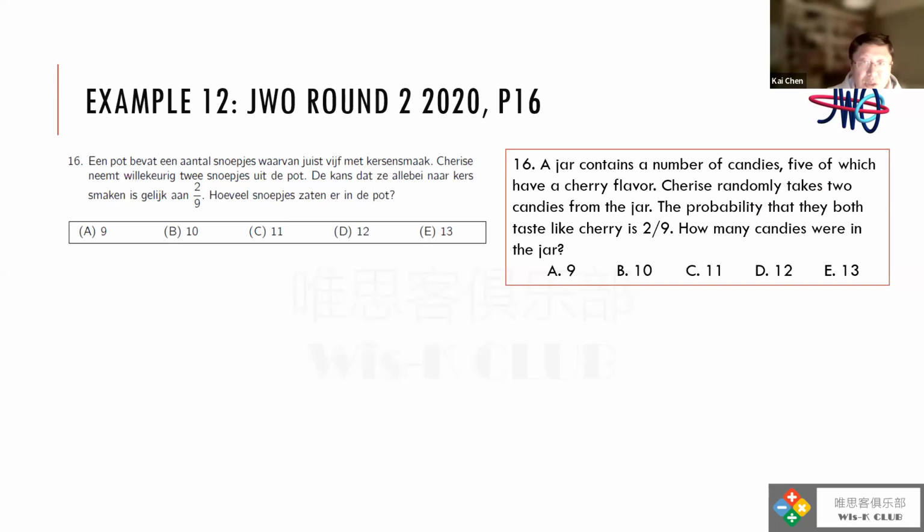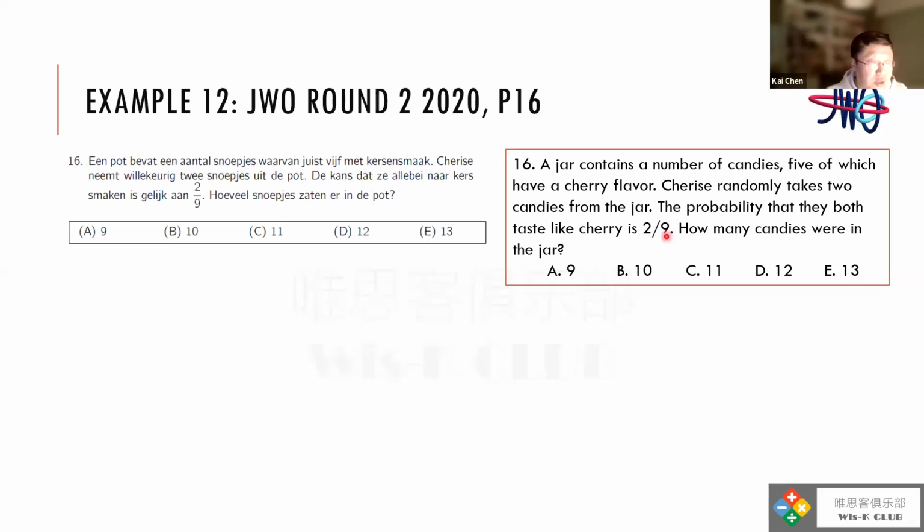Cherries randomly takes 2 candies out of the jar, and the probability that both candies are cherry flavor is 2 over 9. We have to find the number of candies in the jar. This kind of question is not so straightforward, because normally we know the number of candies and the number of cherry-flavored candies, and we calculate the probability, which is more straightforward.